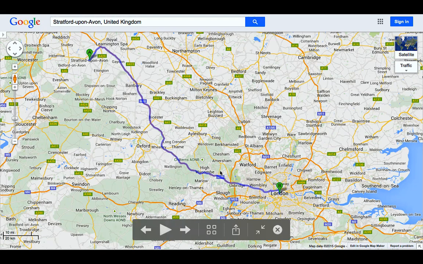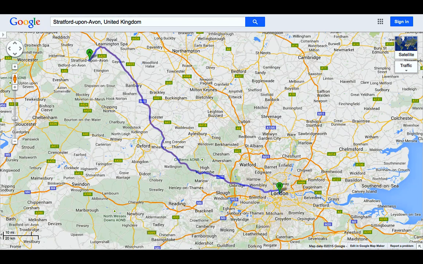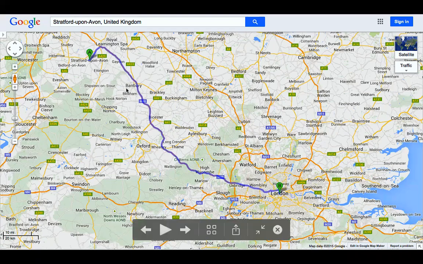You could get there today in a little under an hour by car, but it would take several days by horse or carriage to travel to London back then.